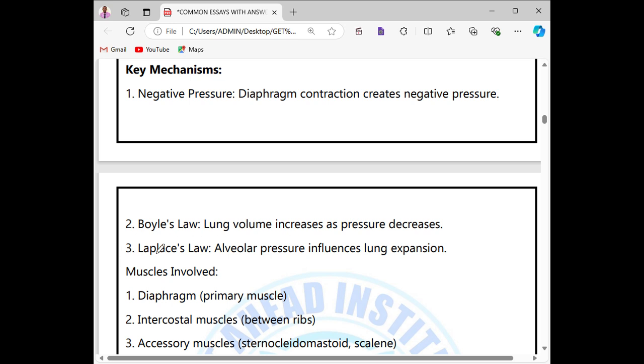Then we also have what we call Laplace's law. I don't know if this was talked about, if at all it was mentioned either during your presentations or otherwise. Was Laplace's law mentioned?